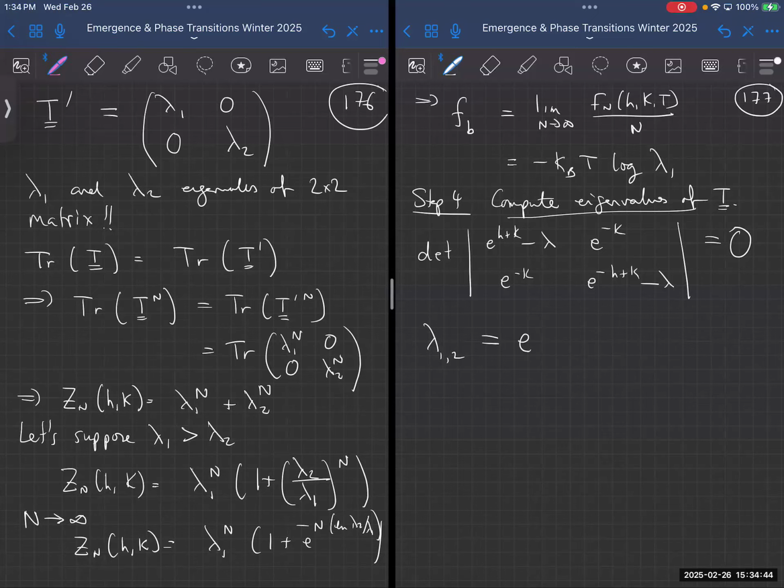And they go as e to the k times cosh k plus or minus the square root of sinh squared h plus e to the minus 4k, like so.